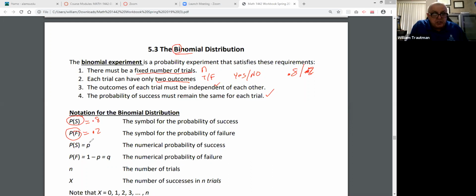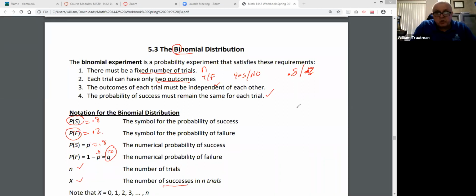And they show this P and Q. Once again, if success is 0.8, then 1 minus 0.8 is 0.2. Do you see? Then the failure is 0.2. N is the number of trials, and X is the number of successes.